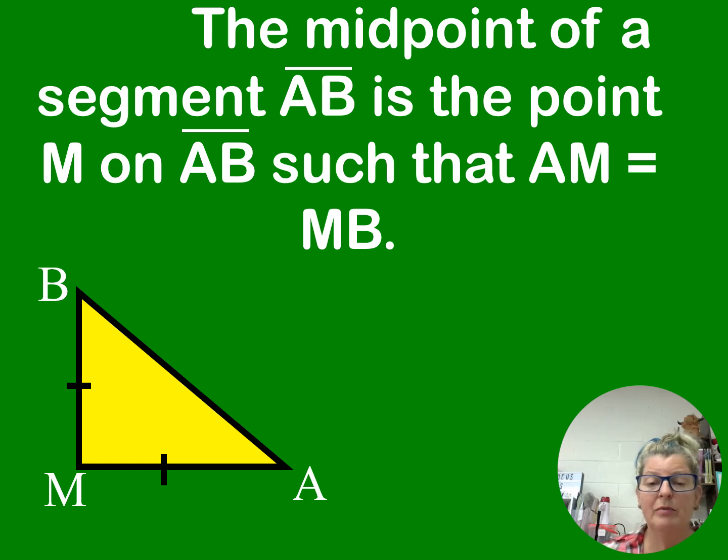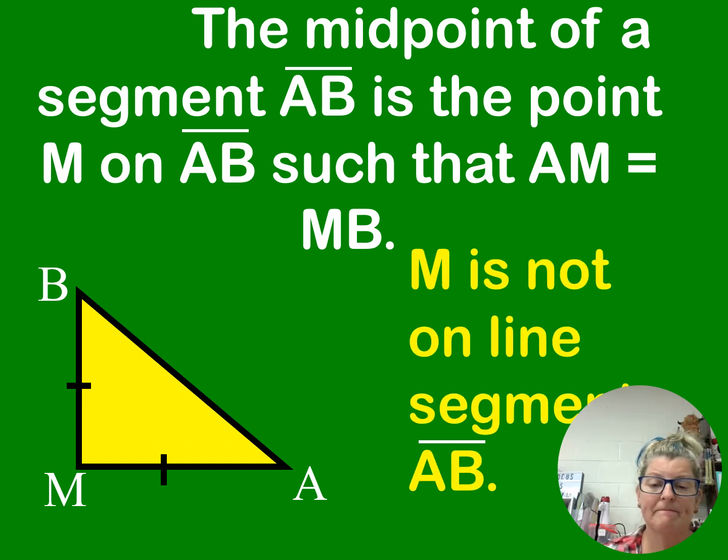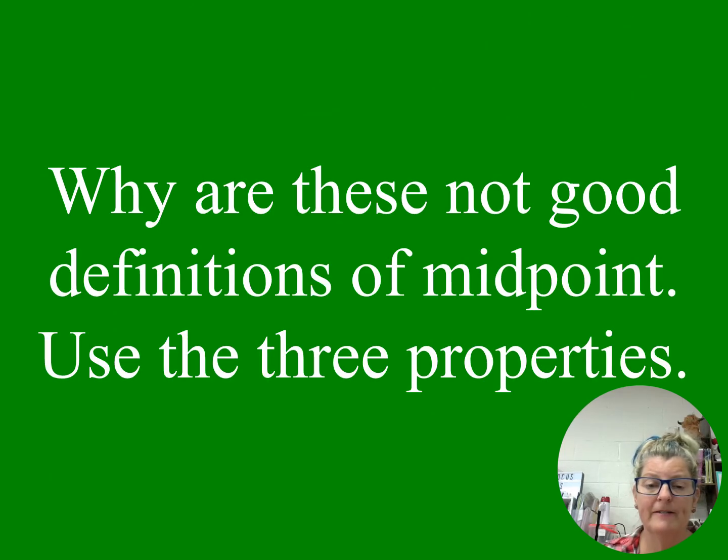Midpoint of a segment AB is the point M on AB such that AM is equal to MB. In this situation, M is not on line segment AB. See how that looks? So making sure we're using accurate terminology in the definition makes a difference.